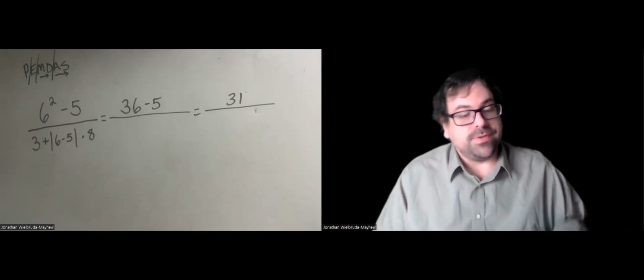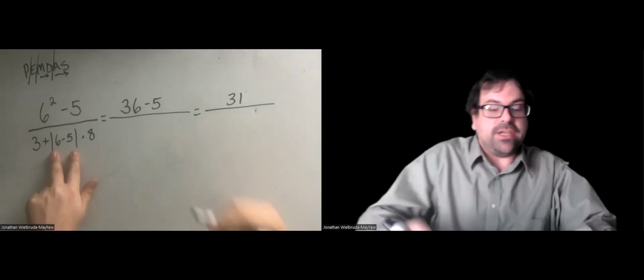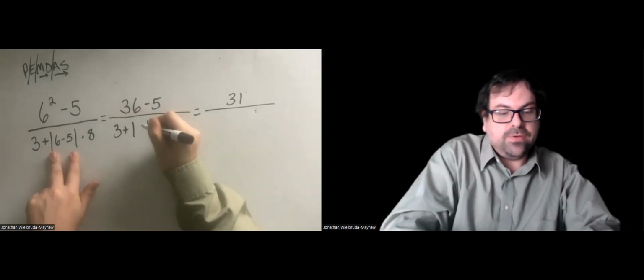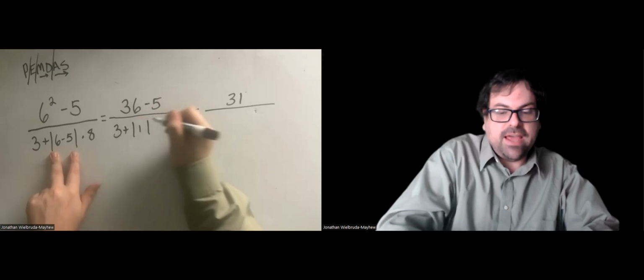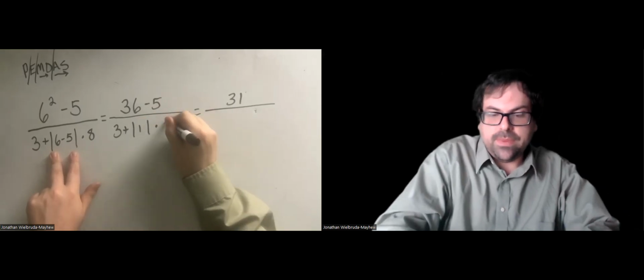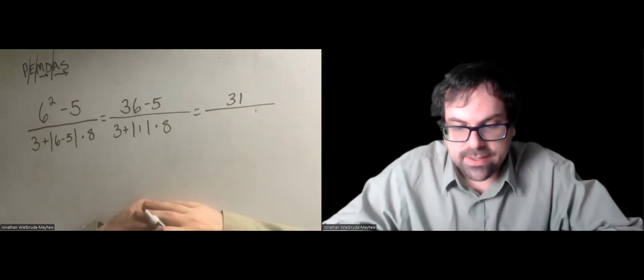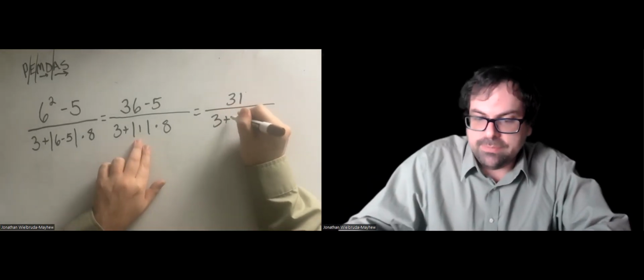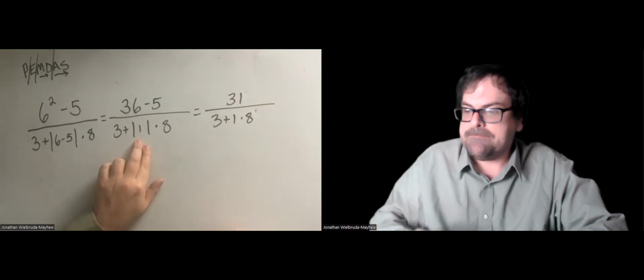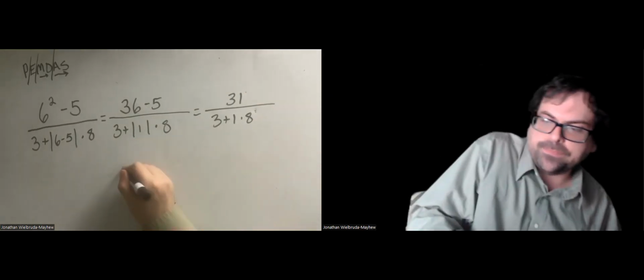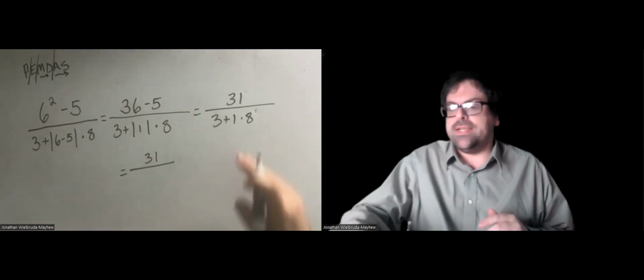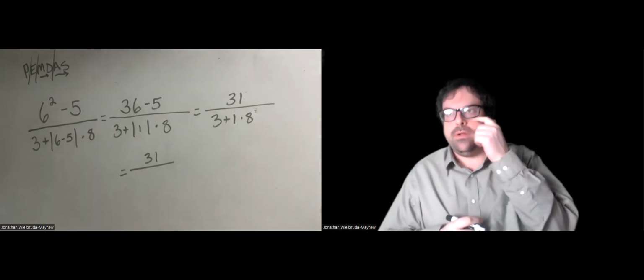Let's start working in the bottom. Parentheses, grouping symbols. We have the absolute value. 3 plus the absolute value of 6 minus 5 times 8. 6 minus 5 is 1. The absolute value of 1 is 1. 3 plus 1 times 8. What comes first, the addition or the multiplication?